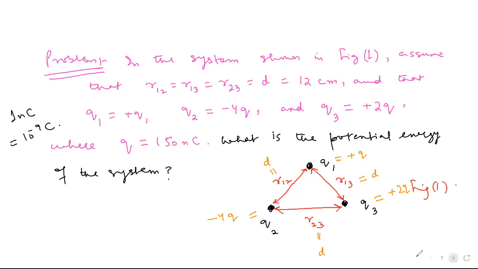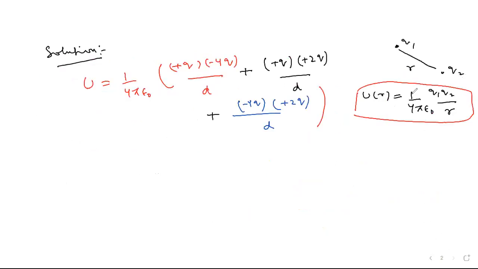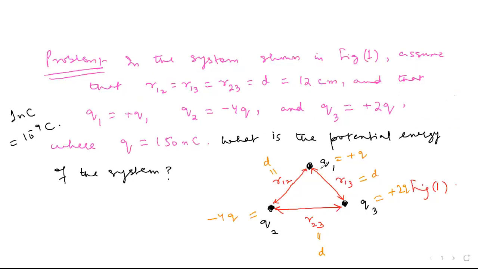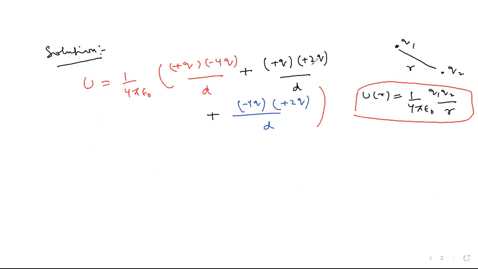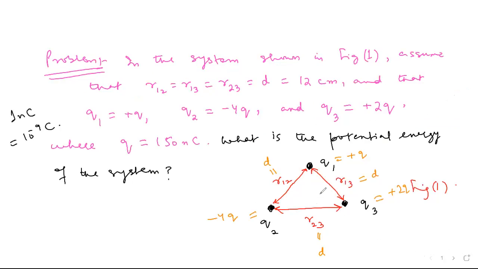So we are using this expression for each pair. I have taken 1 by 4 pi epsilon naught common. Then my one pair is plus Q minus 4Q over D. That is this one, plus Q and minus 4Q. That is the Q1, Q2 pair. Then the second pair is plus Q plus 2Q over D. That is the Q1, Q3 pair.